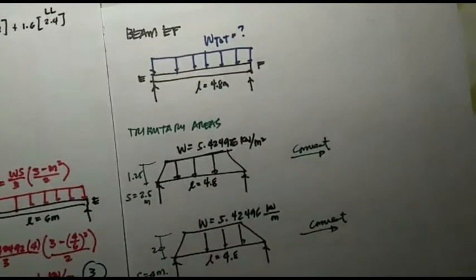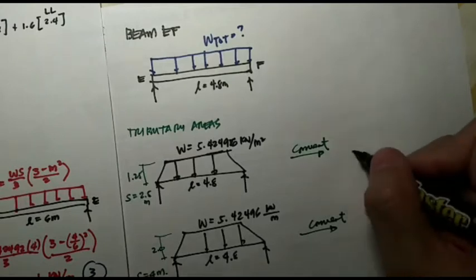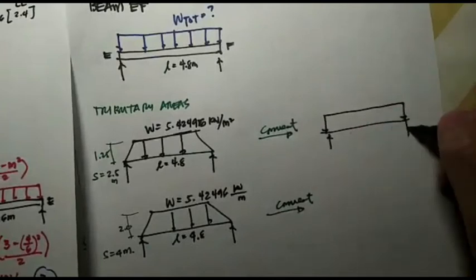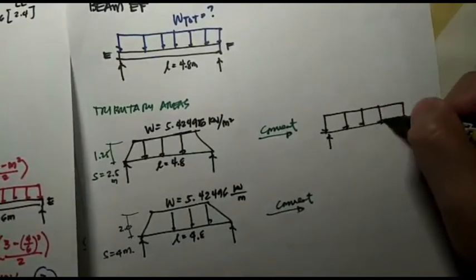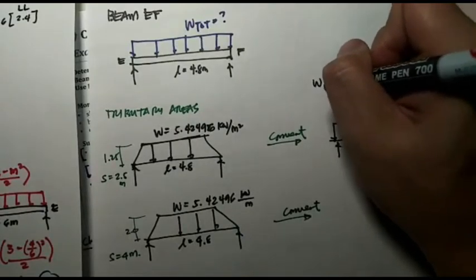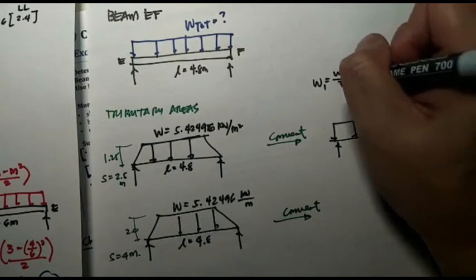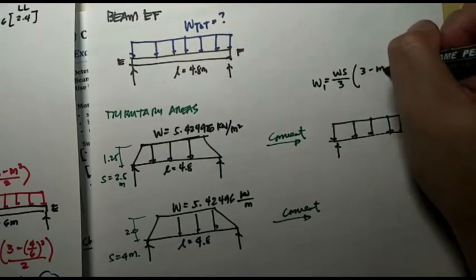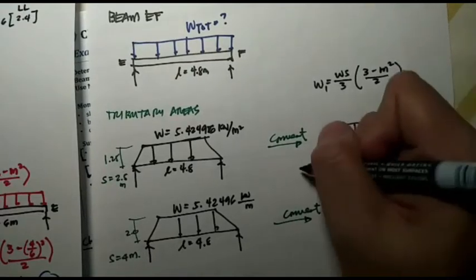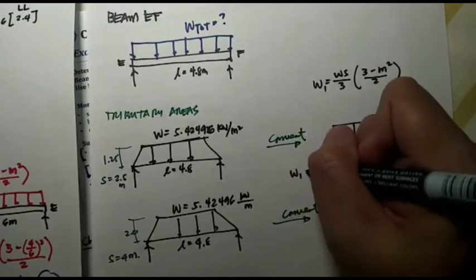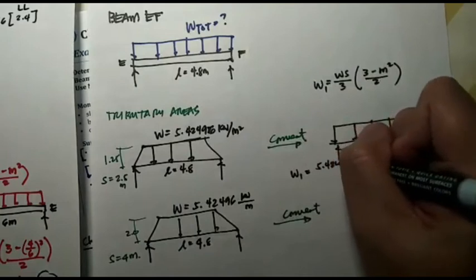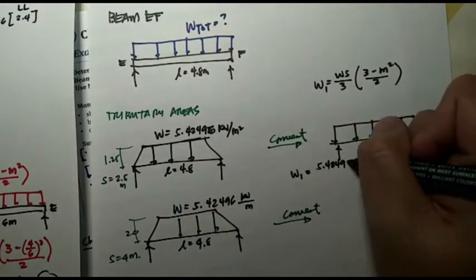Okay, so parehas trapezoid. So mako-convert natin siya sa uniform load. Again, ano yung formula? W1 is equal to WS over 3 times 3 minus m squared over 2. Okay? So, solve natin dito yung W1. So, W is 5.42496.